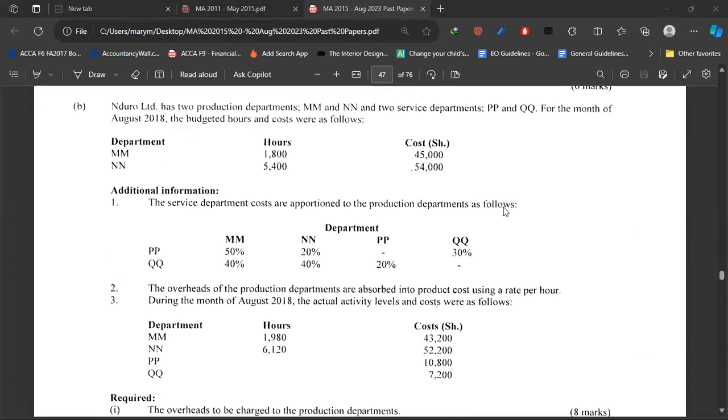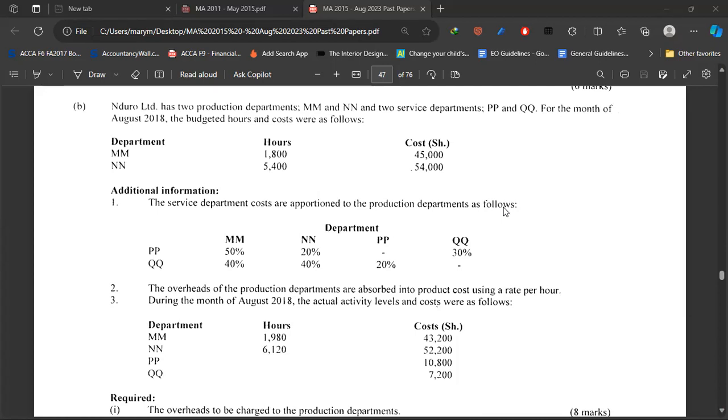Ndura Limited has two production departments, MM and NN, and two service departments, PP and QQ. For the month of August 2018, the budgeted hours and costs were as follows. Additional information. 1. The service department costs are apportioned to the production departments as follows. 2.